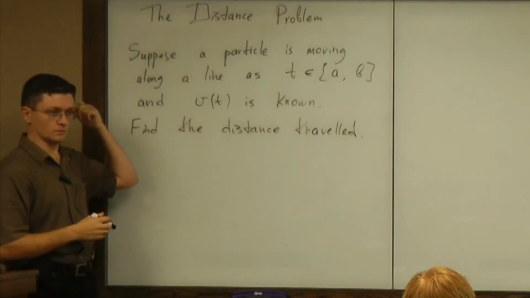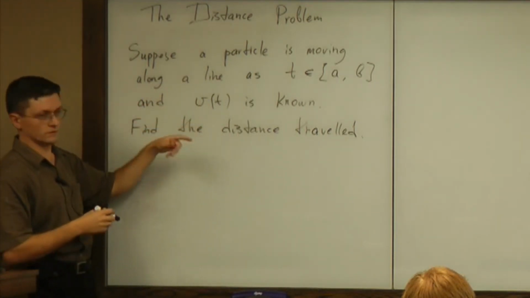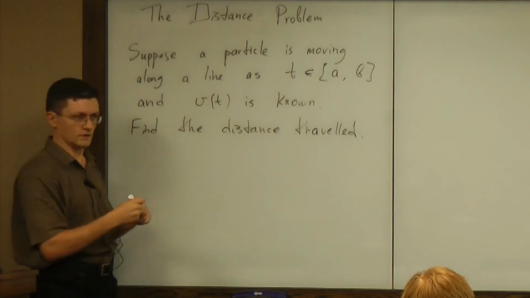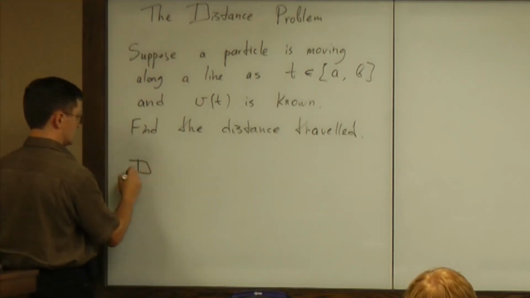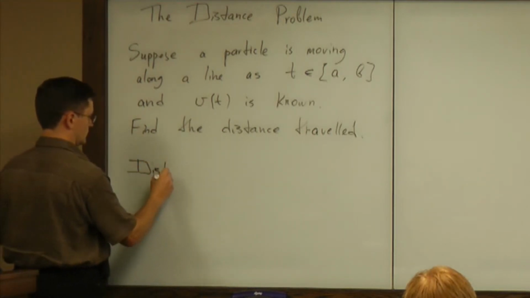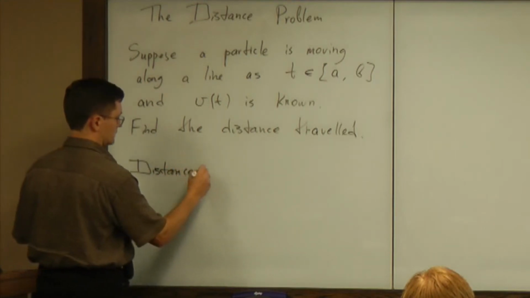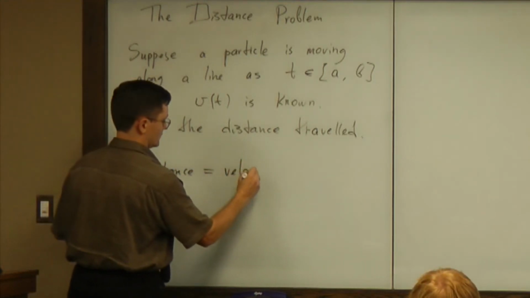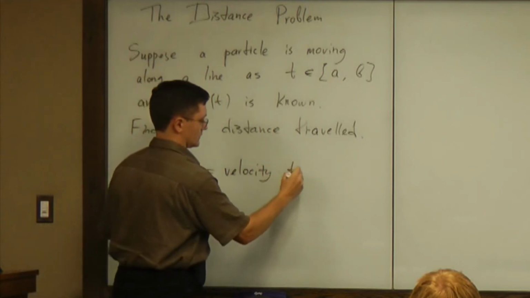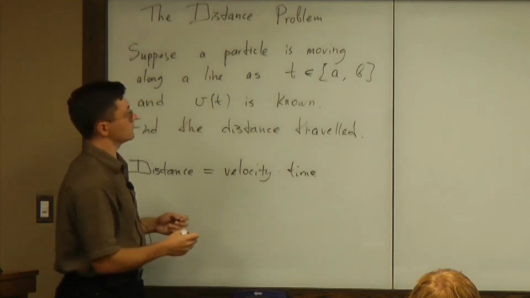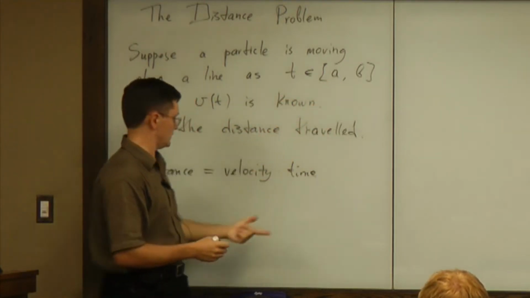How would you solve this problem? Well, of course, the distance is velocity times time spent, right? So you use this magical formula. Distance equals velocity times the time spent. So time is b minus a.